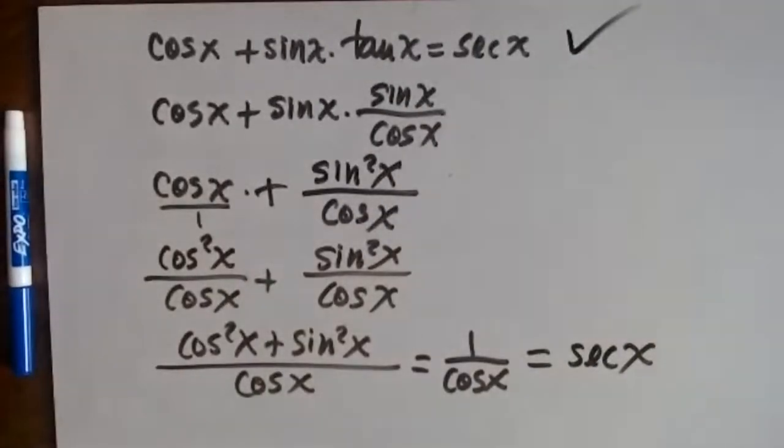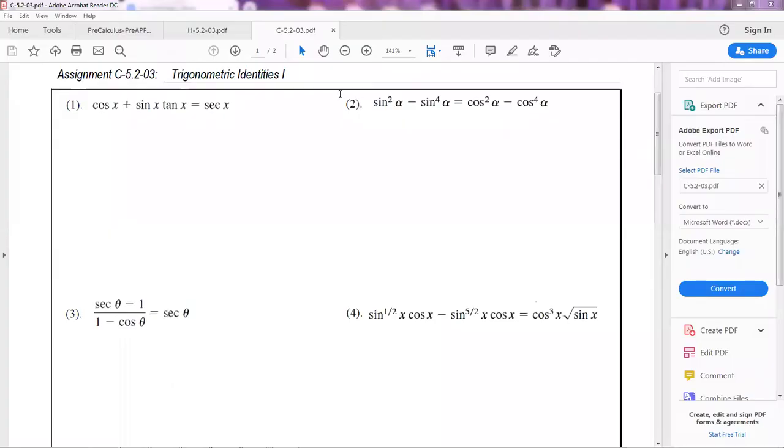It's pretty simple. Okay, let me just see the next problem. Right here, you have number 2. So you have sine squared alpha minus sine to the 4 alpha equals cosine squared alpha minus cosine to the 4 alpha, correct?